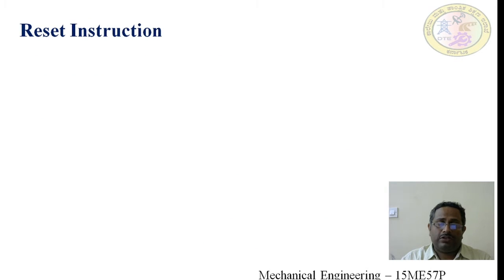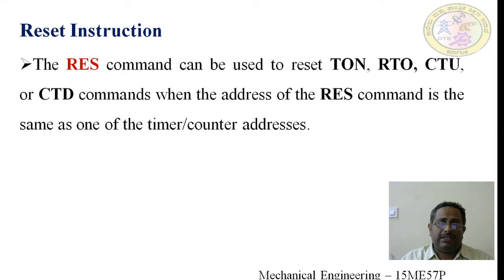Before going to the ladder diagram, we will see what the reset instruction is. We know the purpose of a timer, of NO switches and of a coil. What is the reset instruction and what is it used for? The reset command, abbreviated RES, can be used to reset TON, RTO, CTU and CTD. TON means timer on delay, RTO means retentive timer, CTU means counter up and CTD means counter down.